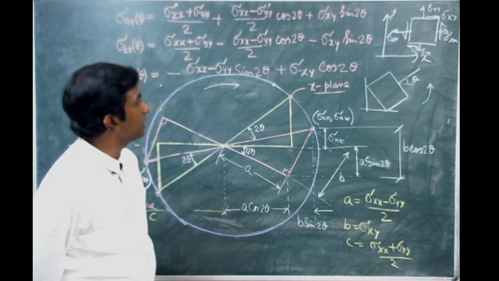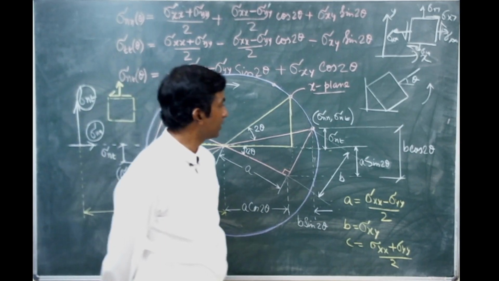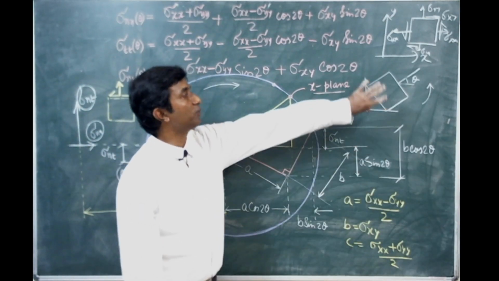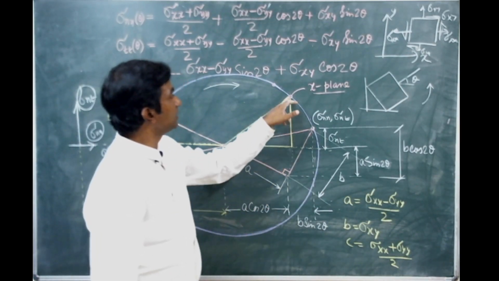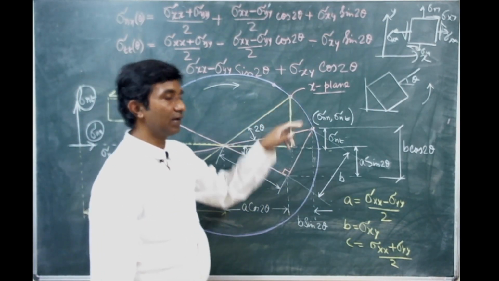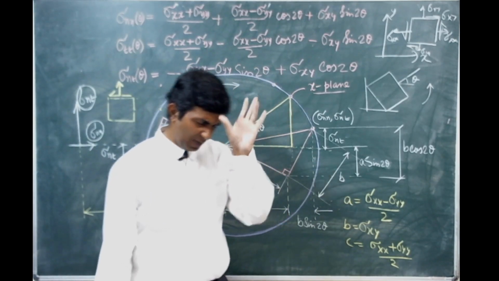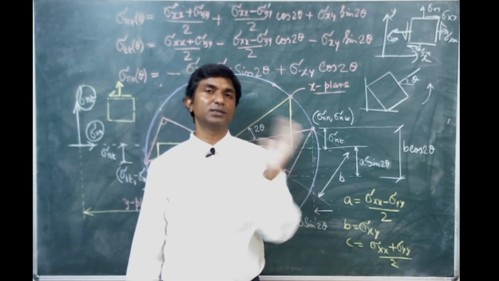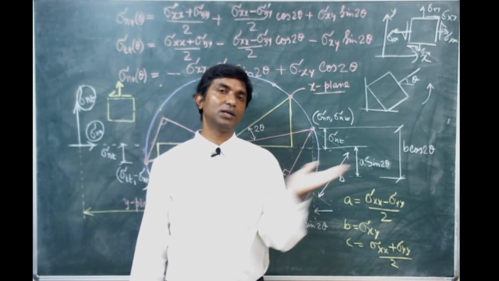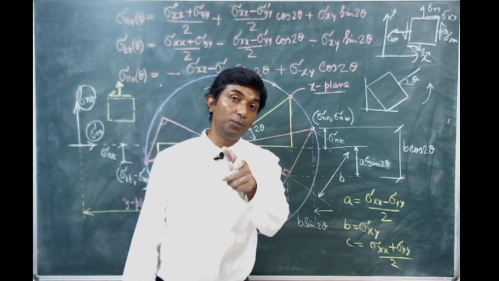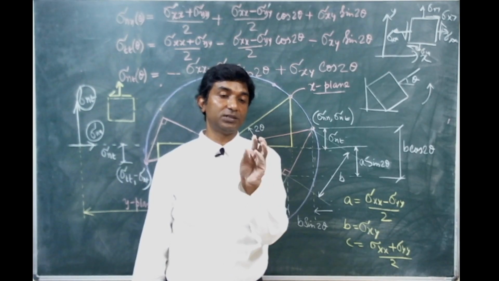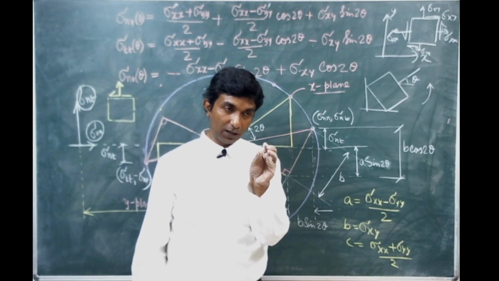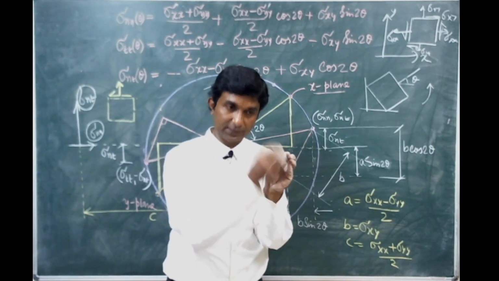If you keep increasing the angle theta, that means keep rotating this block, you see that each and every point on that circle represents a particular plane which makes a certain angle with the horizontal axis, but passes through the same point where the stresses are given. So the state of stress at a point with respect to some chosen axis is given.